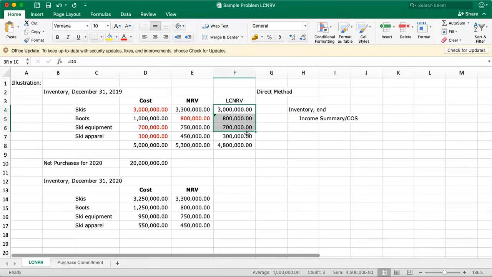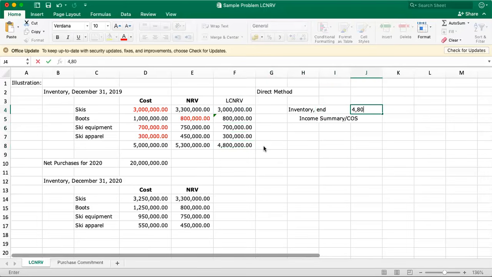So the total is 4,800,000. Therefore, for the direct write-off method, that's 4,800,000. This is for 2019.